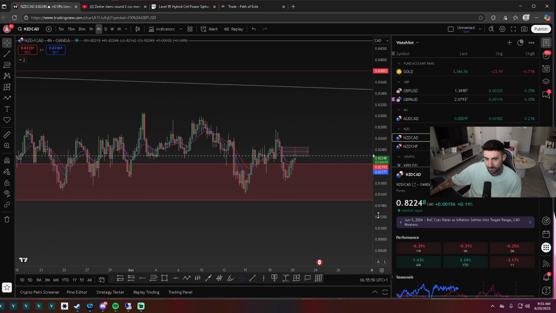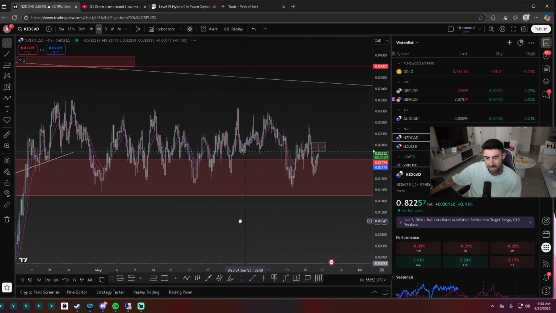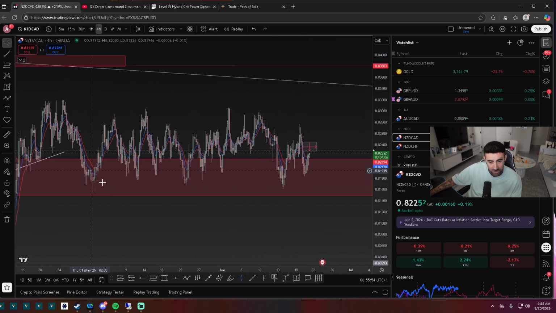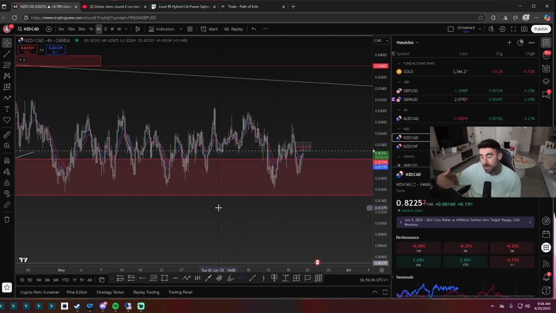Let's say for argument's sake, look, NZD CAD. This right here is not market structure that makes sense. This is a market structure that doesn't know what it's doing, doesn't know where it wants to go, so it is just continuously trading sideways. This could be a number of different things. I know that CAD tariffs were being reviewed for, I think, 90 days or something.